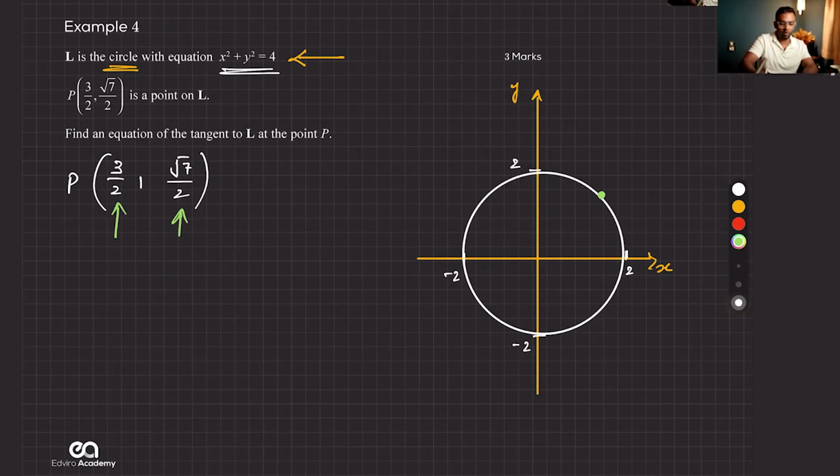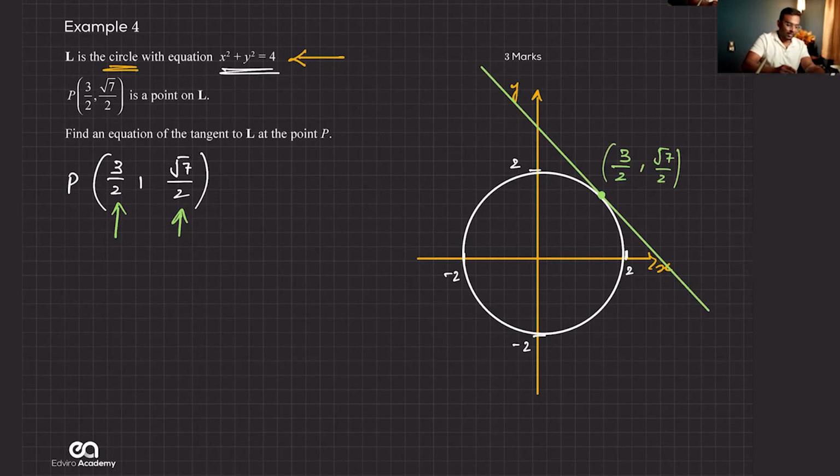Both are positive and it's a point on L. Find an equation of that tangent. Would you all agree with me? Did you understand this? 3 over 2 and root of 7 over 2. Is everyone with me on that?